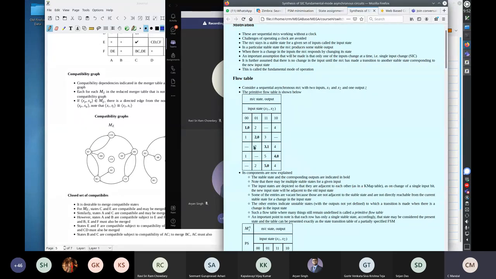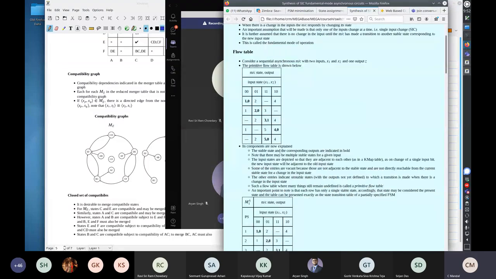If it changes to 1, 0, you go to state 4. Essentially, this is your transition table.